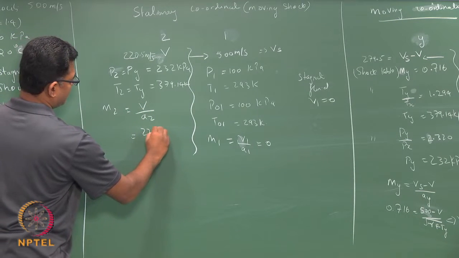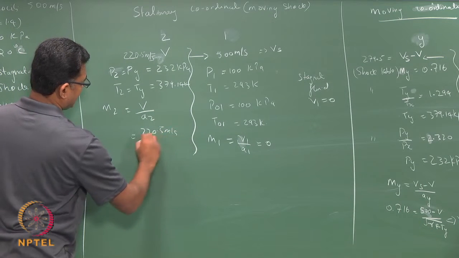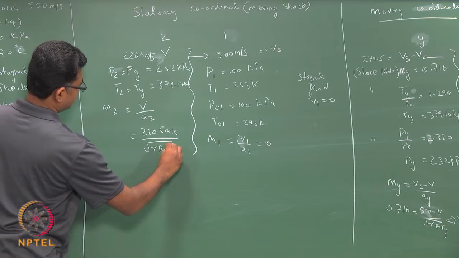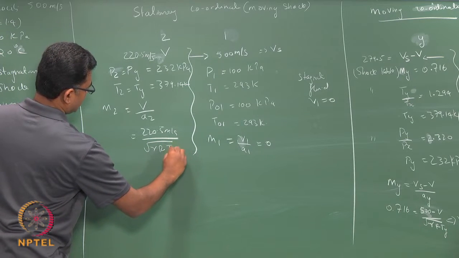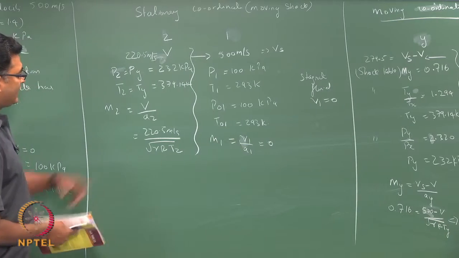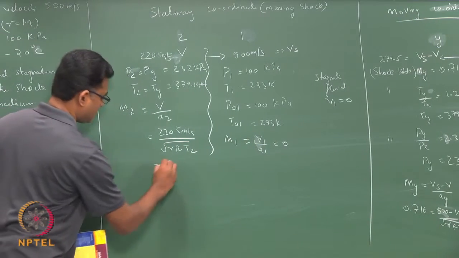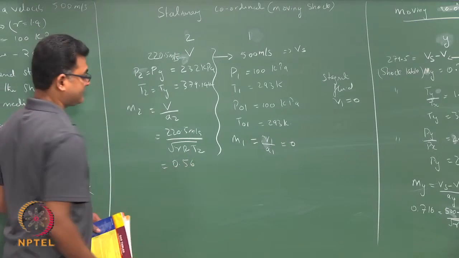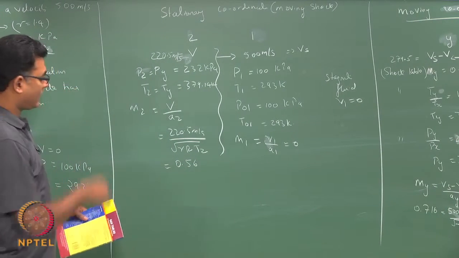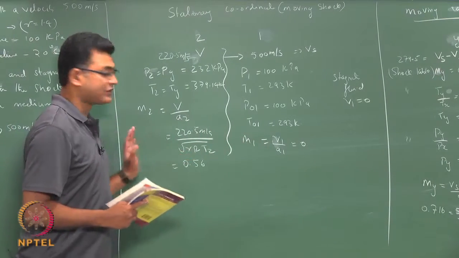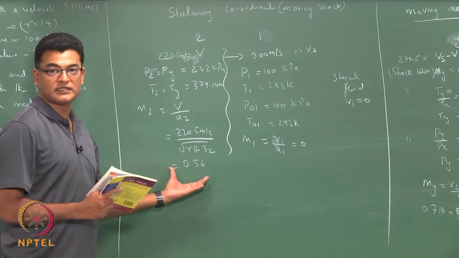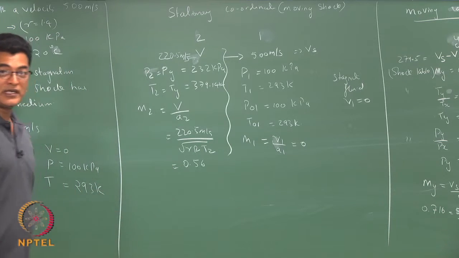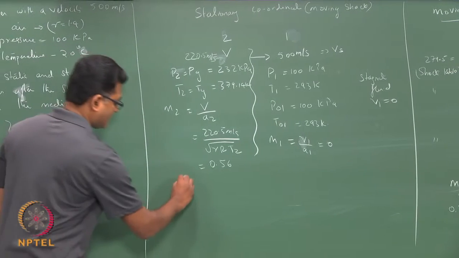V is 220.5 meters per second divided by gamma R T2, which is 379, this is 0.56. Okay. So a stagnant fluid is there, a shock comes and moves, and it gains this much velocity, Mach 0.56. So if I know my Mach number, I can find all these stagnation quantities.